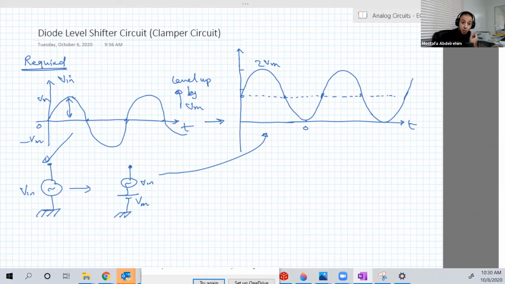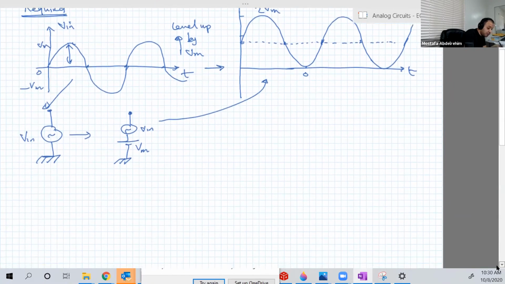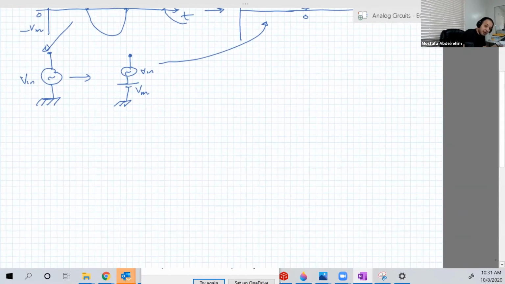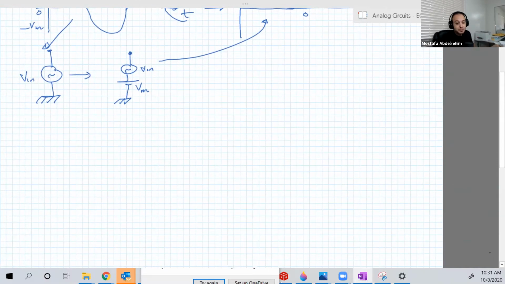So can we do that without using a battery? The battery is a very valid solution. If your size limitations are low, and you can increase the size of your circuit, use a battery, that's fine. But actually we can do that using a diode and a capacitor, and we can do that as a positive shift or negative shift.